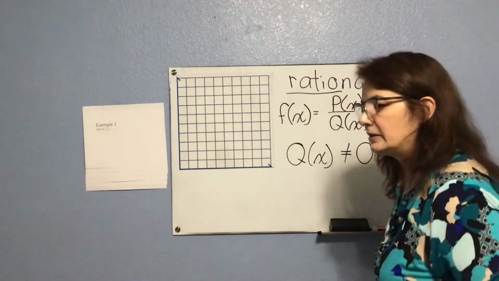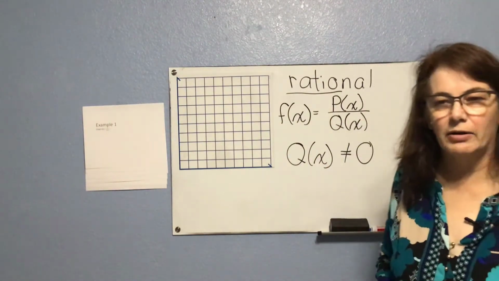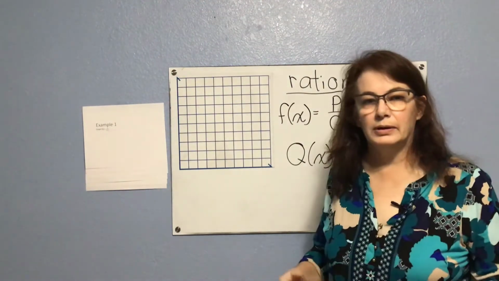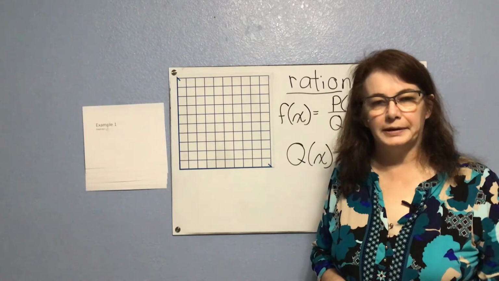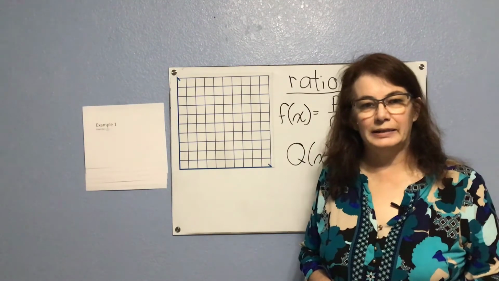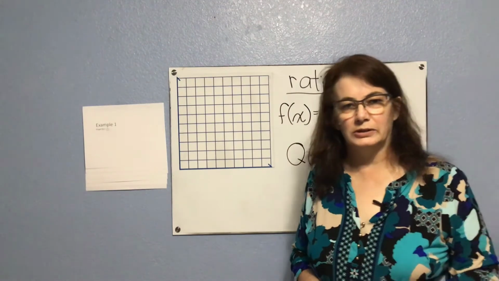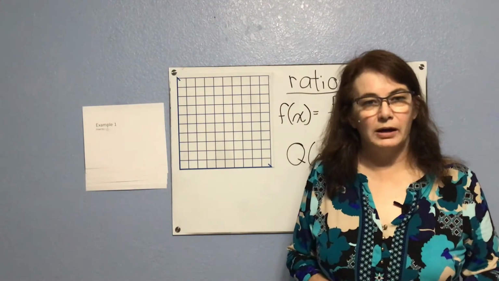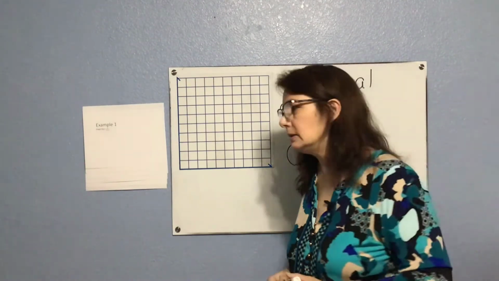So this is a function that often has some areas that are undefined, because anytime q of x is 0, the function's undefined. We're going to start looking at something called a linear rational function. And it's called that because both p of x and q of x are linear functions.